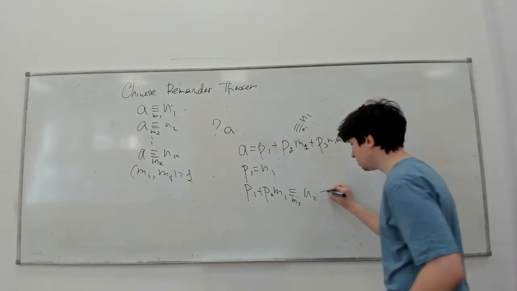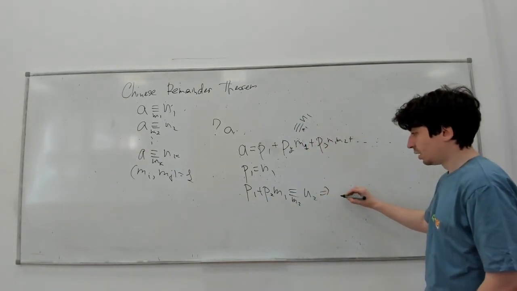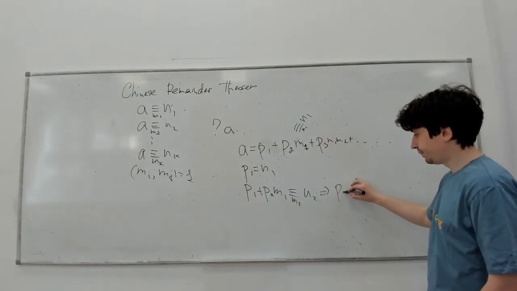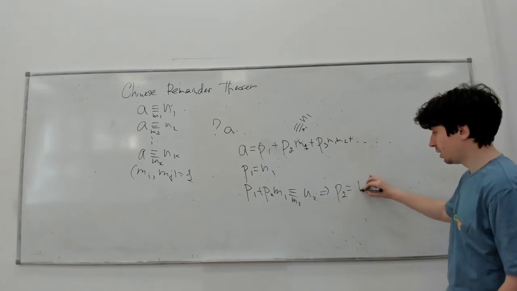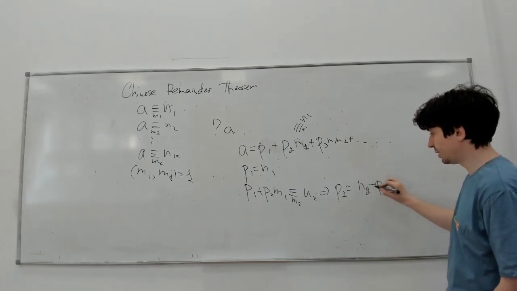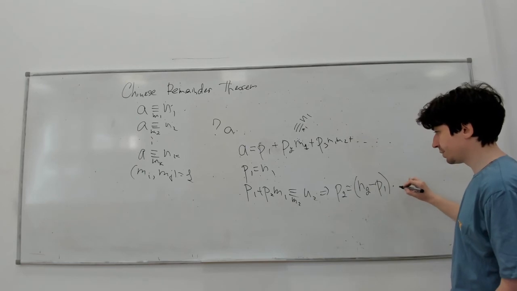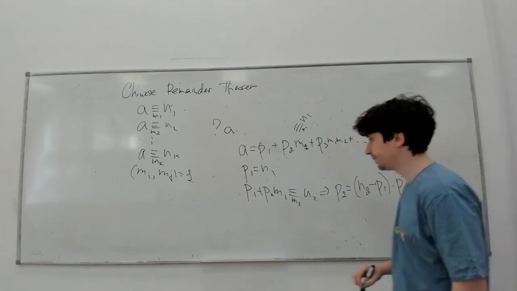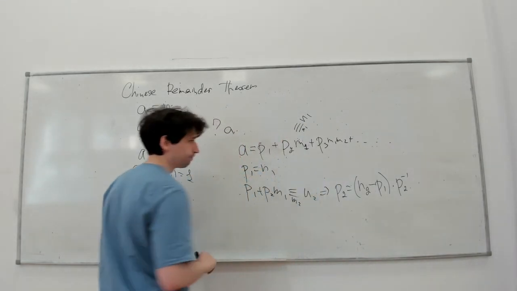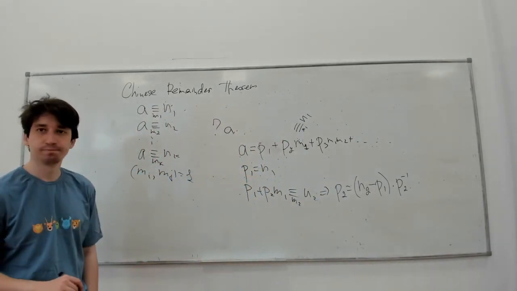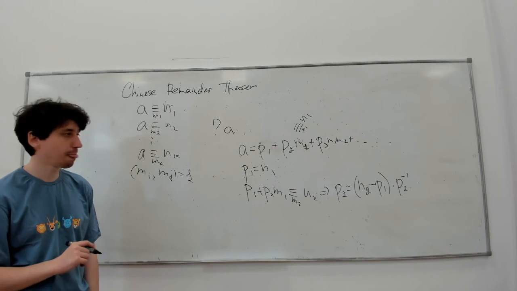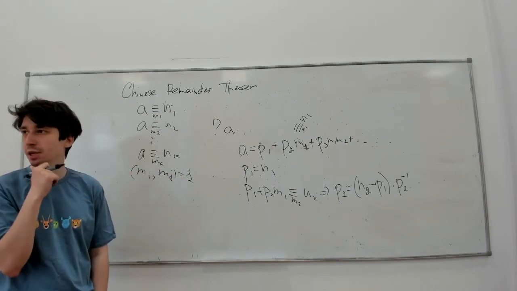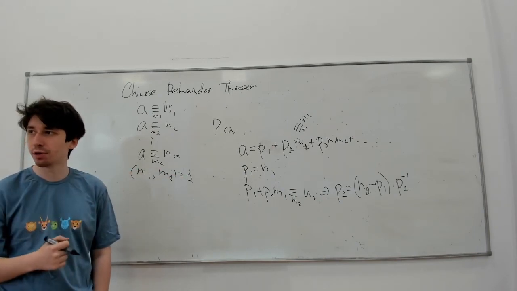And from that, you can see that P2 is (N2 minus P1) times M1 to the power minus 1 modulo M2. This is the inverse. This is exactly what we did at the beginning: we found the inverse of the integer there.